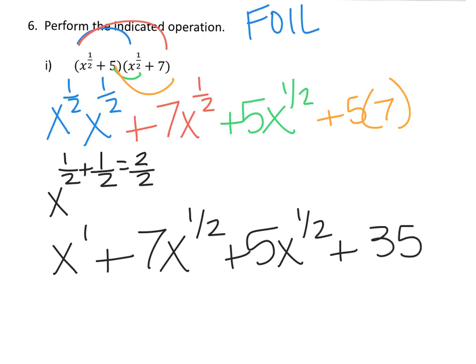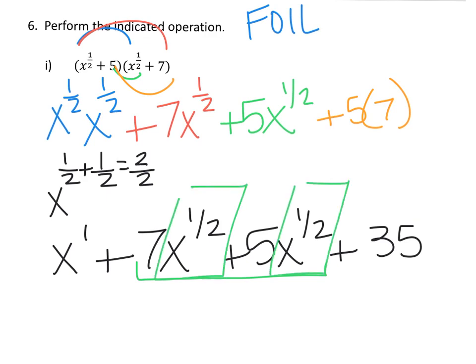Now, in the middle here, we have like terms because they have the same x and exponent. So that means we're just going to add 7 plus 5 and keep those like terms, x to the 1/2.